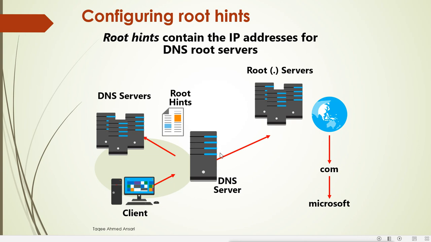So whenever our DNS server does recursion, instead of going to the default root hint servers, it will go to our own root hint server, which is our forwarder server, and it will forward our request to the particular domain. So we can also create our own root hint servers apart from the ones already available in our DNS.